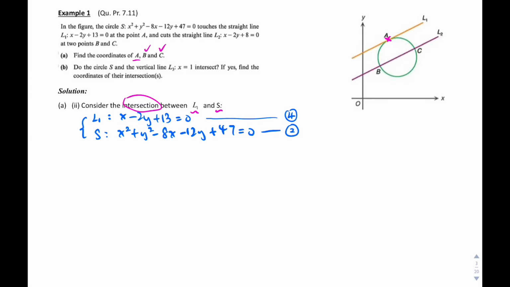So here, from the equation of the straight line, equation 4, we make x the subject of the equation. And this is equation 5. So for this case, we substitute 5, which is from equation 4, the equation of L1, into equation 2. And similarly, we replace x by 2y minus 13.